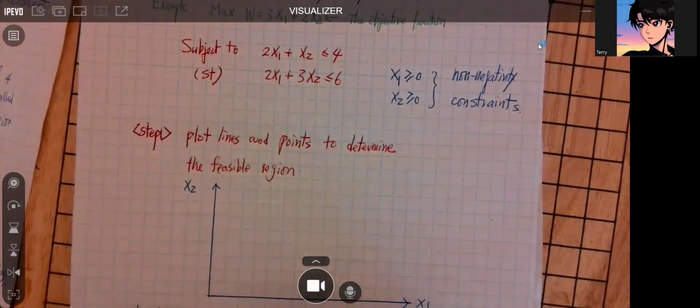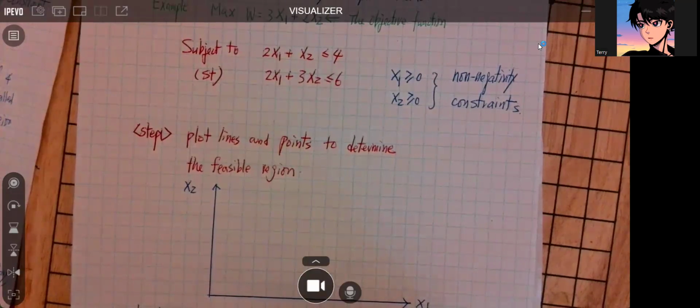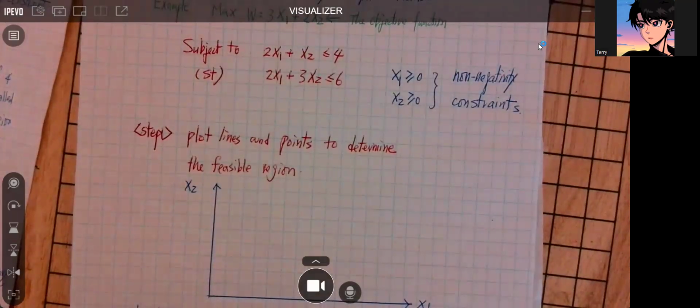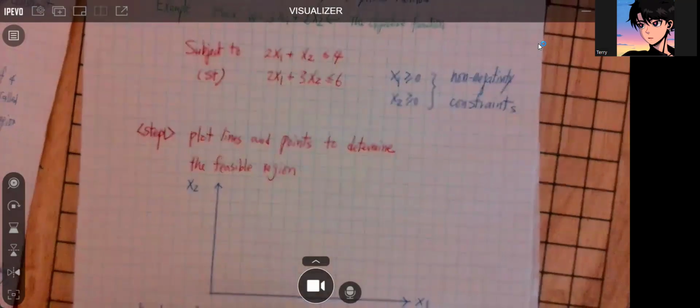That is 2x1 plus x2 less equal to 4. Its boundary is going to be 2x1 plus x2 equal to 4. So let's see how we're going to plot the points on the graph.